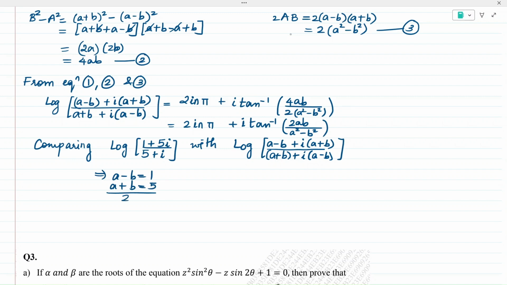Let's add. I'll get 2a is 6, which implies a is 3 and b is 2.